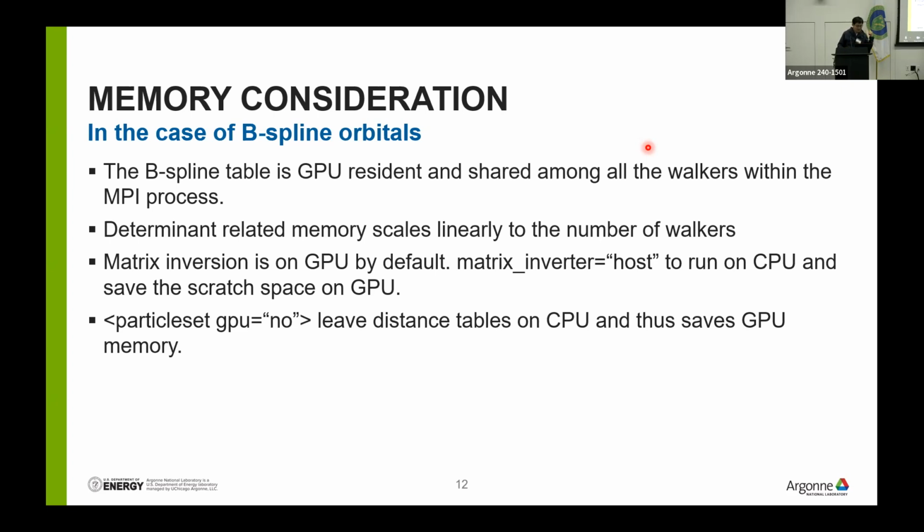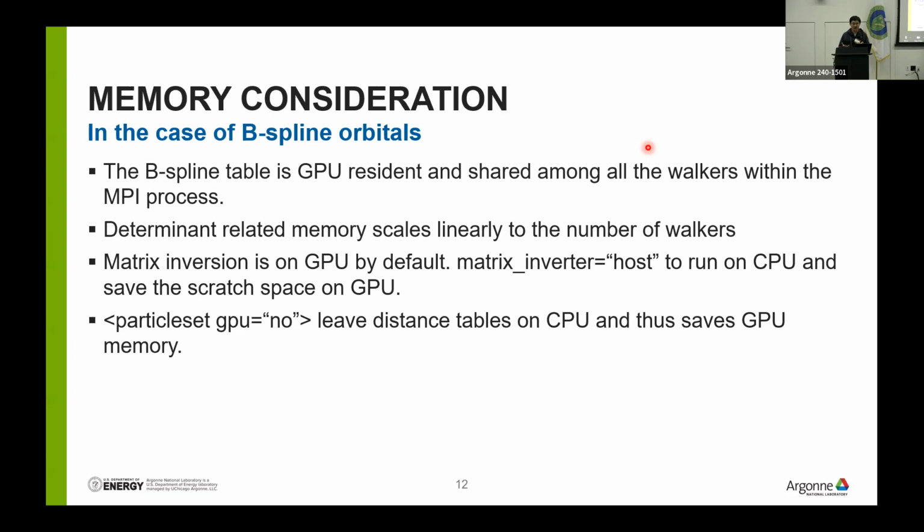Just a reminder, for certain operations, like in the single determinant code, we do the matrix inversion on the GPU by default, because I assume most people, for smaller problems, won't hit the memory wall. But if you do hit the memory wall, you can leverage the fallback to the host, do the inversion on the CPU side using regular LAPACK.